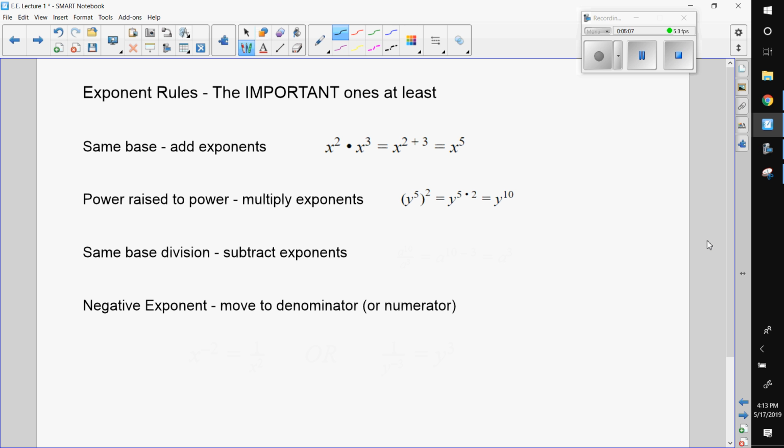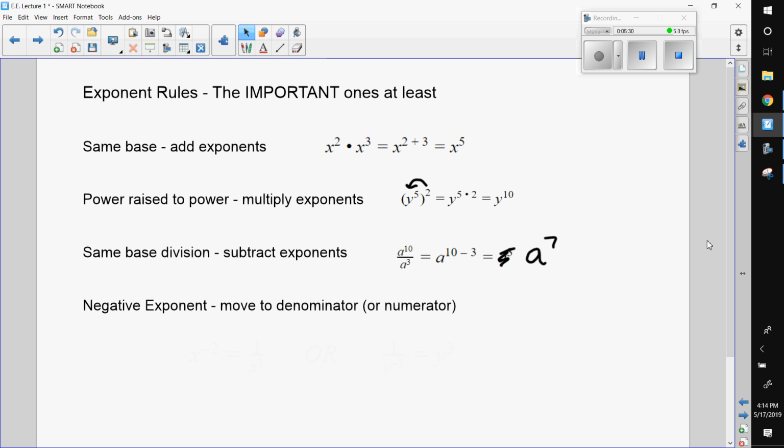So you're really distributing that to the parentheses, and that's what gives you y to the 10th. If you've got same base division, you're going to subtract the exponents. So you've got 10 minus 3, which does not give you a to the third, it gives you a to the 7th. Sorry about that.